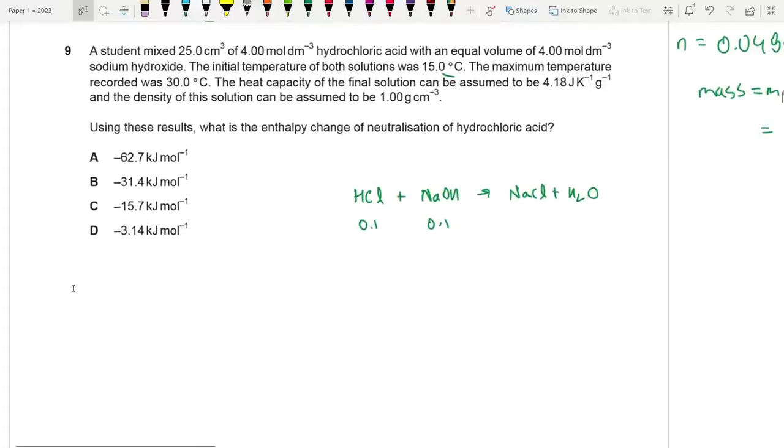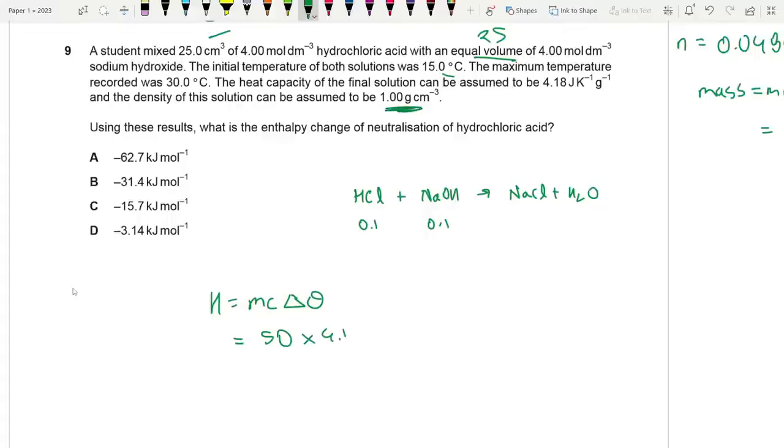Using these results, what is the enthalpy change? So we are going to use H is equal to mc del theta, where the mass will actually be, for acid-base neutralization reactions, remember that you need to take the total mass of the solution, which is 25 with an equal volume, 25. So that's 50 cm cube, which is converted to 50 grams.